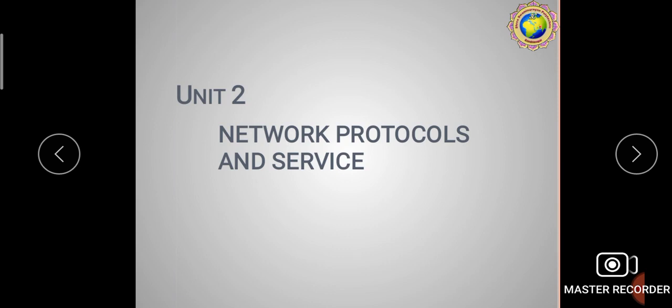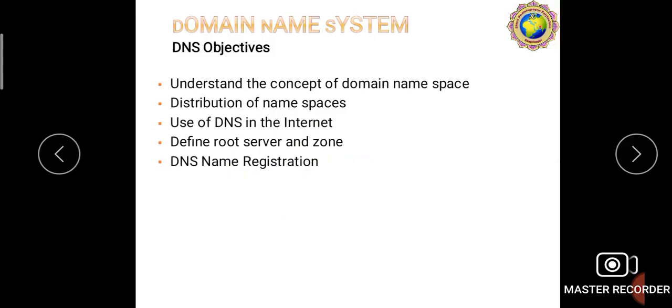Now in this lecture we are going to discuss the domain name system. So what is DNS, domain name system? The DNS objective is to understand the concept of domain namespace. First of all we have to study the DNS component, understand the domain namespace, which we can also call the domain name system.